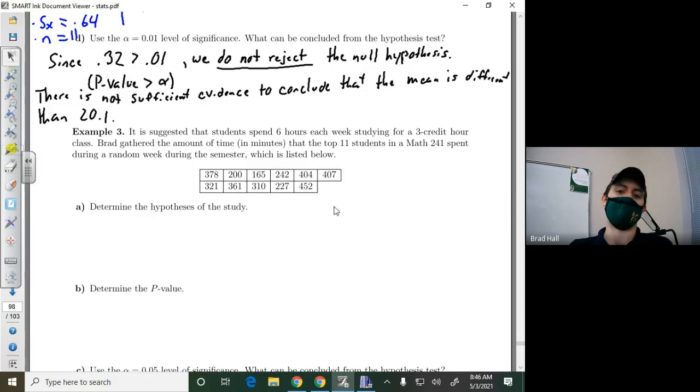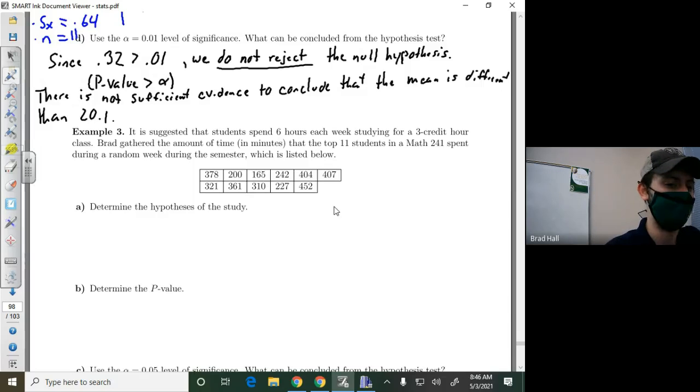So I went and found for some given week that the top 11 students in a Math 241 class spent on whatever homework assignments there were that week. And here were some of the numbers I got. And so what I'm going to do is determine whether the amount of time here reflects the 6 hours per 3-credit-hour class.